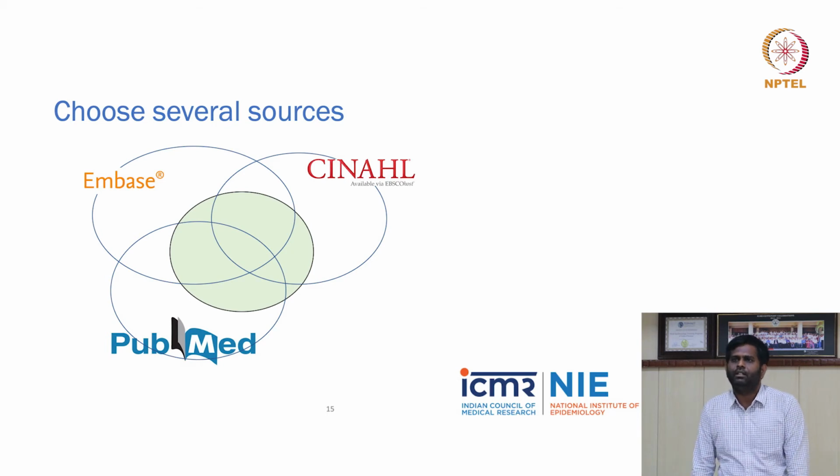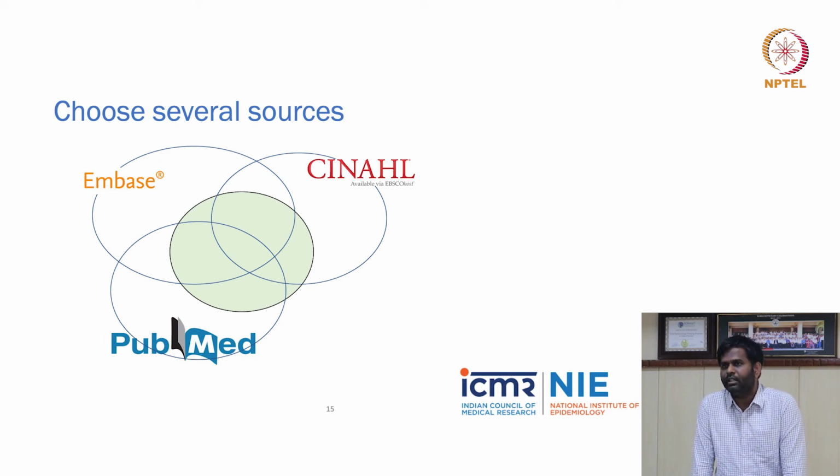Let's imagine that the highlighted circle in the center represents the topic of our interest. This is the pool of articles which actually meet my inclusion and exclusion criteria for dealing with my research question. When I perform a search, I may get a part of the articles from the PubMed search engine, a part from the Embase database, and partly from the CINAHL database.